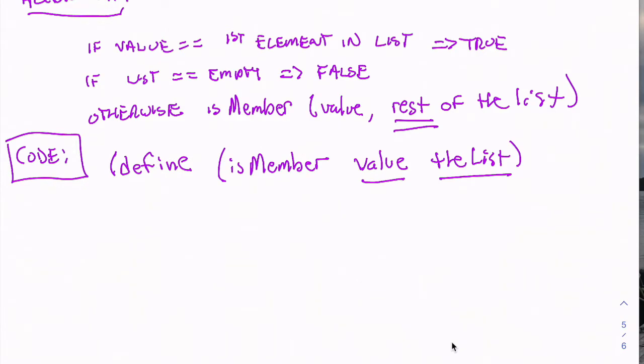So looking at this code for the algorithm, we've got a bunch of ifs and basically sort of like an else, but this really lends itself to a cond statement. So that's what I'm going to do here. I'm going to say cond, empty.